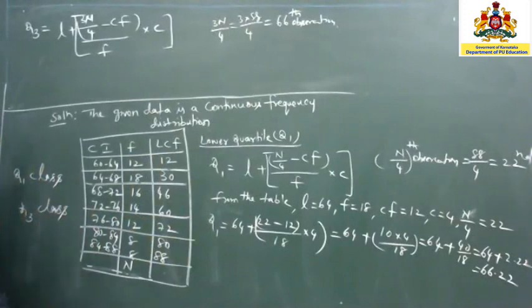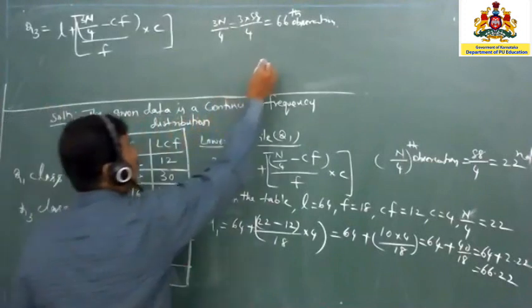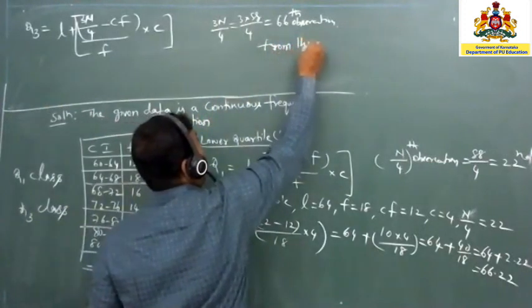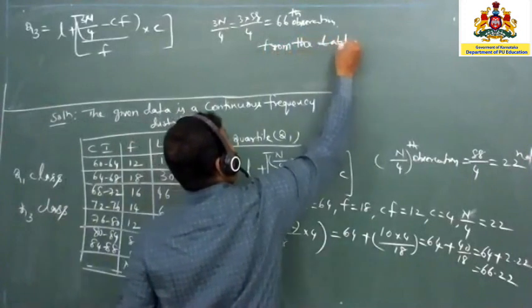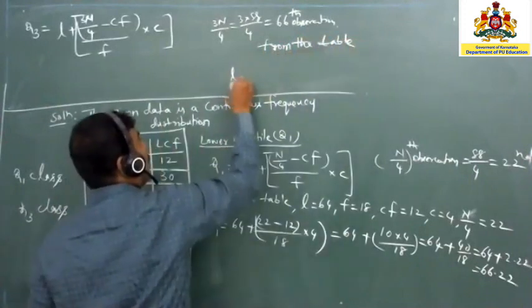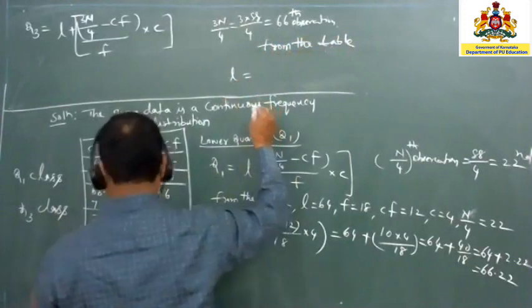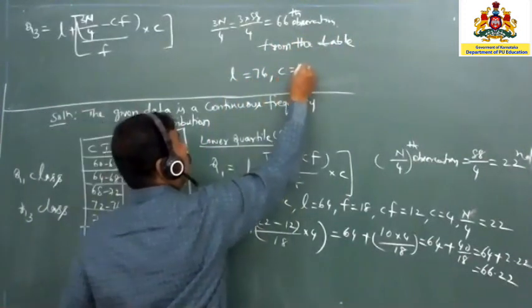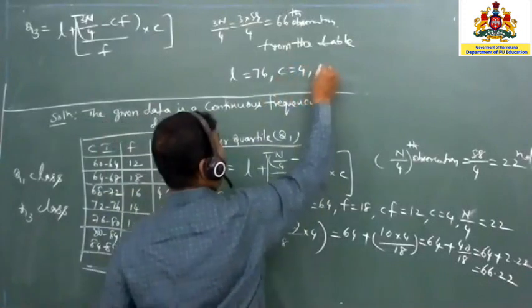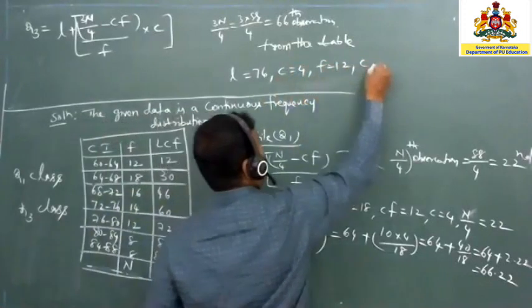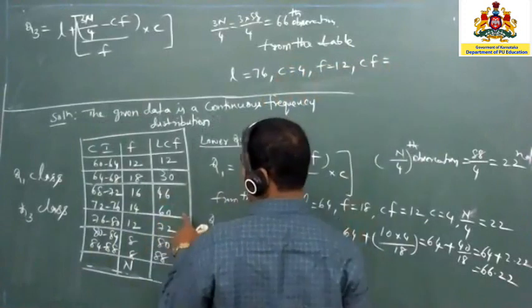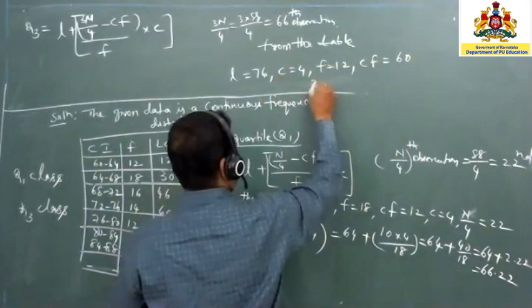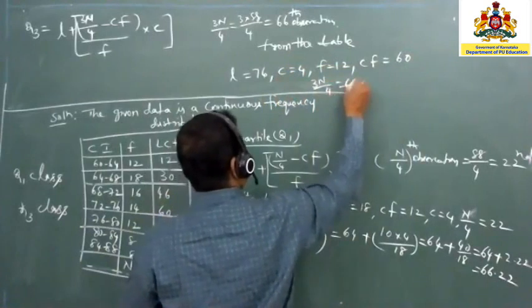Once you identify the Q3 class, from the table, L equals the lower limit of the Q3 class, 76. C equals 4, frequency F equals 12, CF equals the previous class LCF, 60. 3N by 4 is already found, 66.